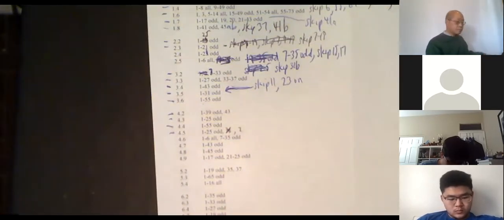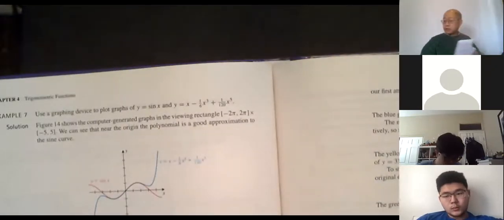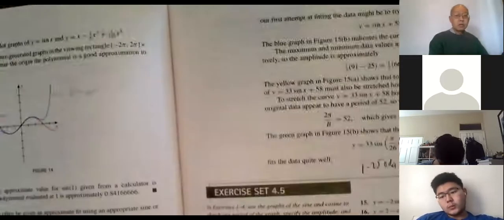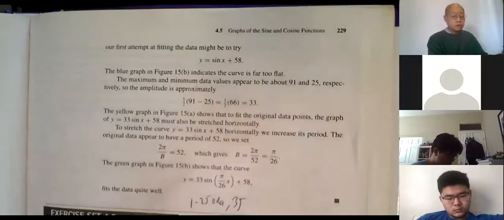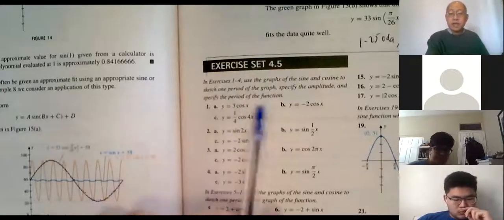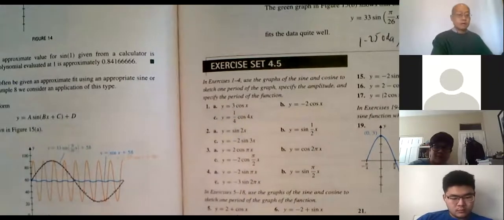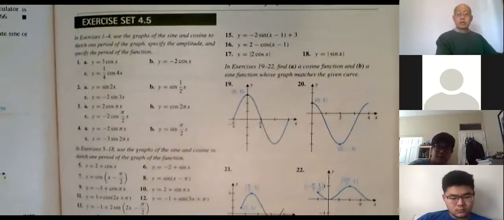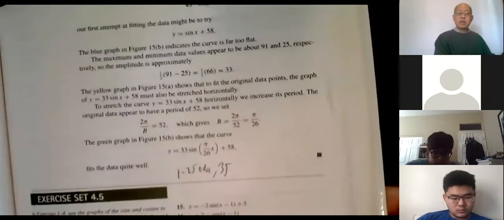All right. Okay, so I gave an introduction last time, and let me show you what's happening now. In 4.5, page 229, we're going to be asked to graph a lot of these now. Figure out the amplitude, the period, and so on. Again, I'll show it to you for those of you who don't plan on getting the book. Here are the problems, on page 229.